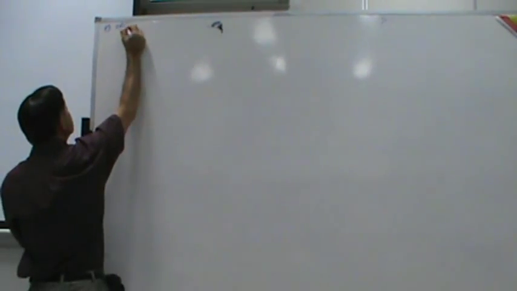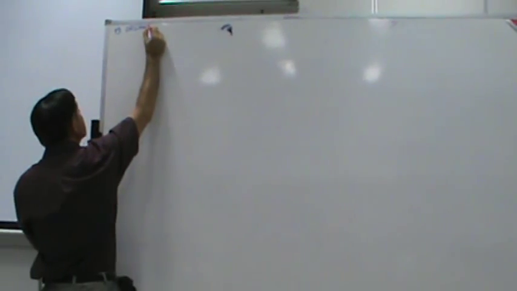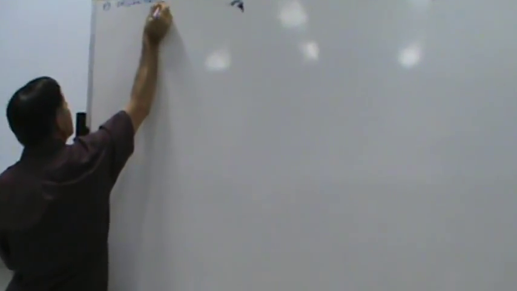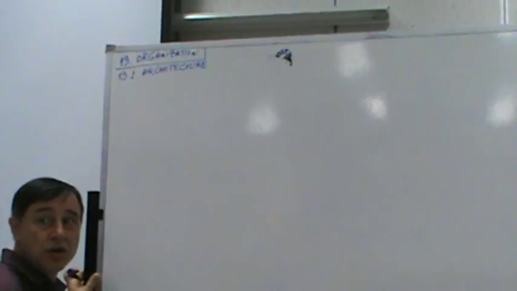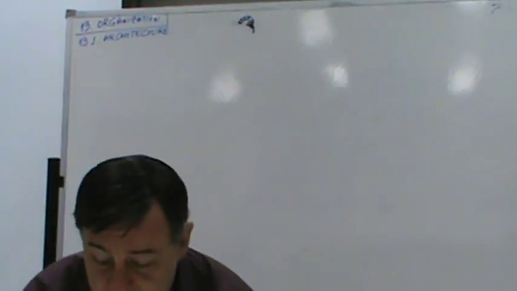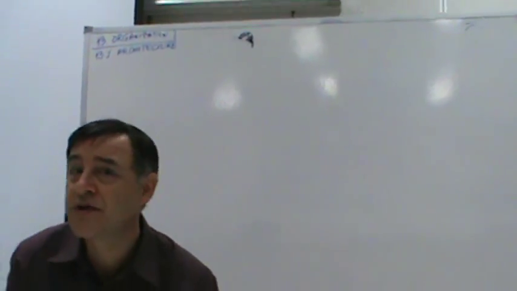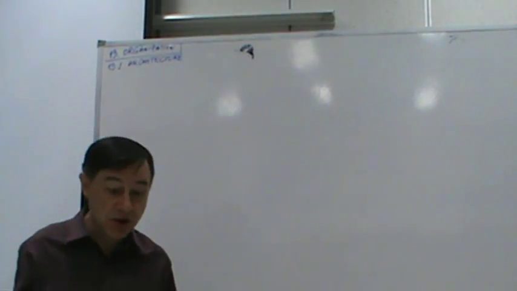So, 13, we did organization. That's chapter 13. So, 13.1 was organizational architecture, where I introduced the 5 main components of organizational architecture.